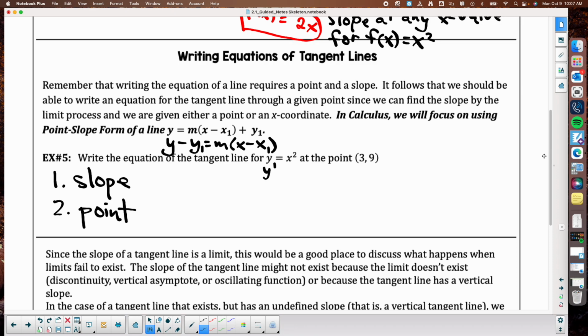If the notation is y equals instead of f of x, they use the same apostrophe notation to represent the derivative, so you would just write y prime. I'll put the 3 here to represent it was at 3. We figured out the answer was 6. So slope of 6, and we definitely know the point because we were told it.